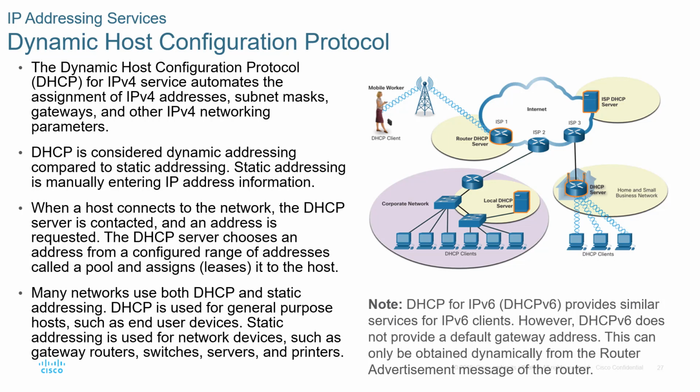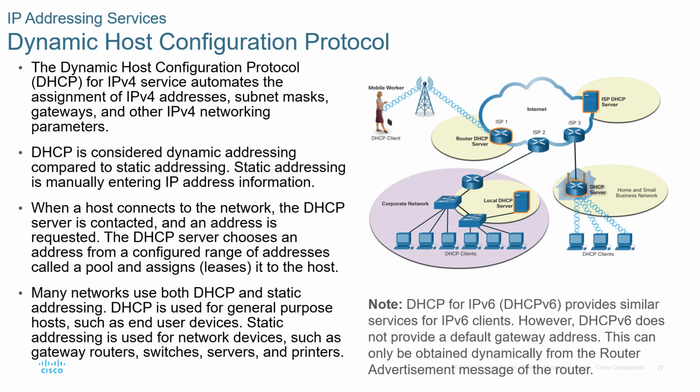One of the next major features of our infrastructure IP services is how we get IP addresses to begin with. There are two ways: manual configuration or dynamically. Dynamically uses a service called Dynamic Host Configuration Protocol, DHCP.